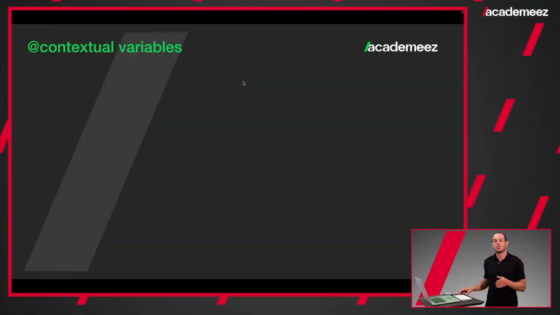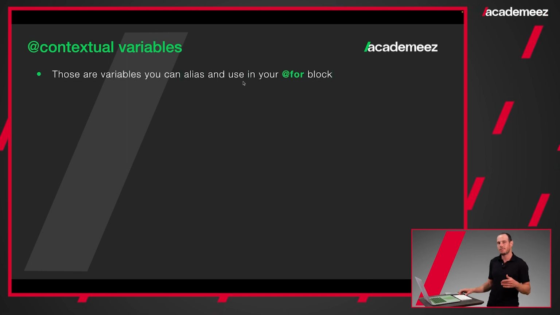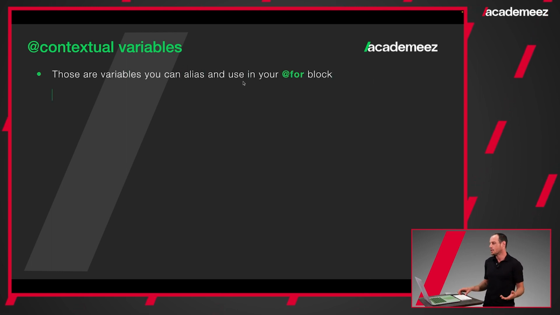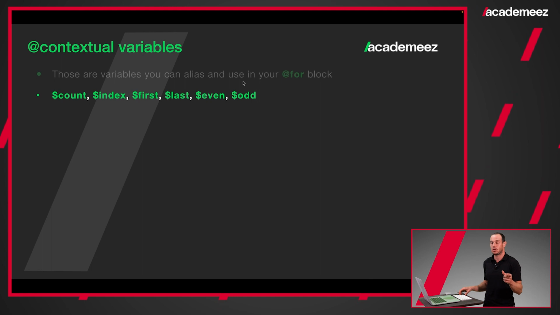Let's talk about contextual variables. And this is not a benefit of the new syntax. We have contextual variables in the old syntax and the new syntax, and we're talking about different variables that your loop has. So you can ask Angular for a count variable to count the number of items in your iterable. You can ask for the index, which will be updated every iteration of the loop with the index of that iteration.